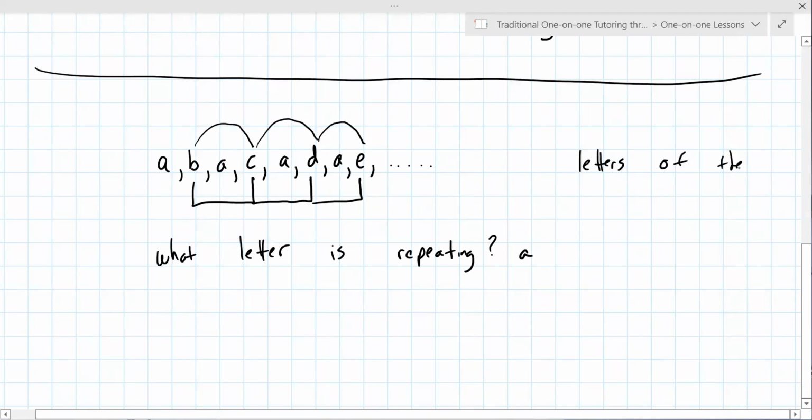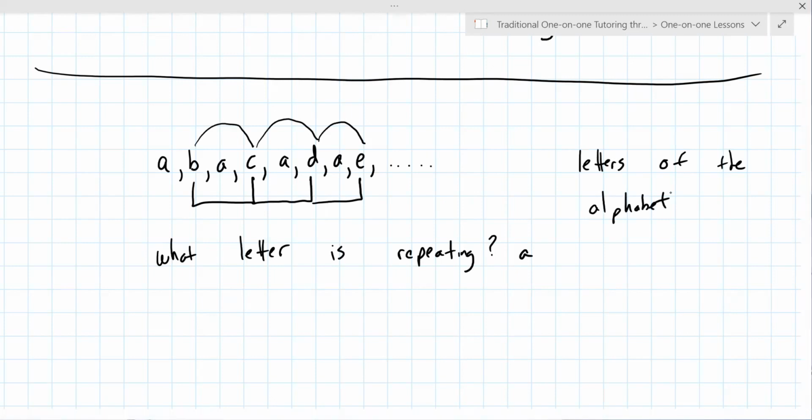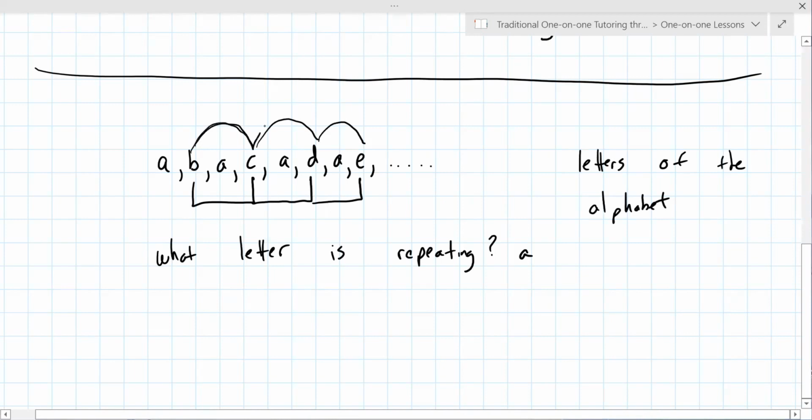Yeah, the alphabet. Okay. And what letter starts the alphabet? A. Okay. And what's the next letter? B. That's the next letter. C. So B, C, D, E. So it looks like it's going up by letters of the alphabet, or you're counting the letters of the alphabet.